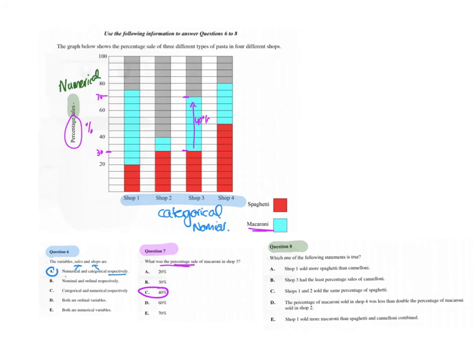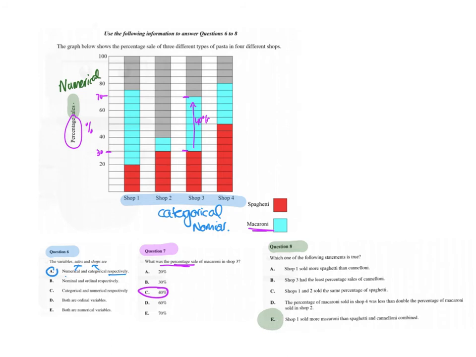Oh God, 4 and 2. No. So E, shop 1 sold more macaroni than spaghetti and cannelloni combined. That's true? Yeah? How much percentage did it do? 20 to 75. Yeah, that's more than that.